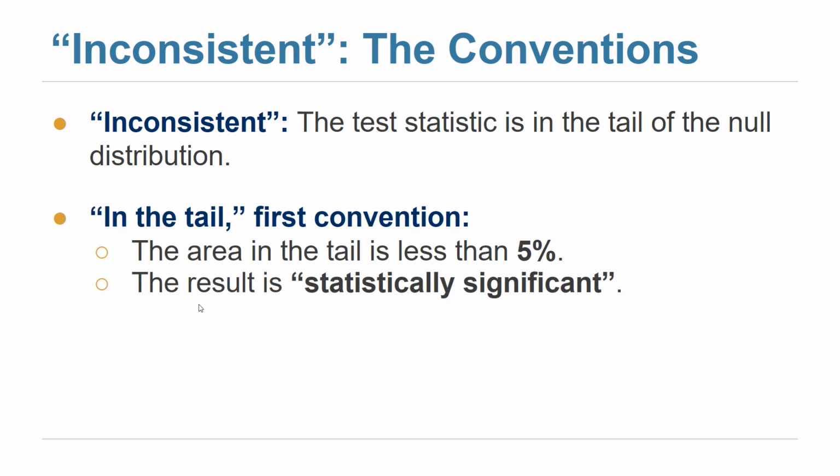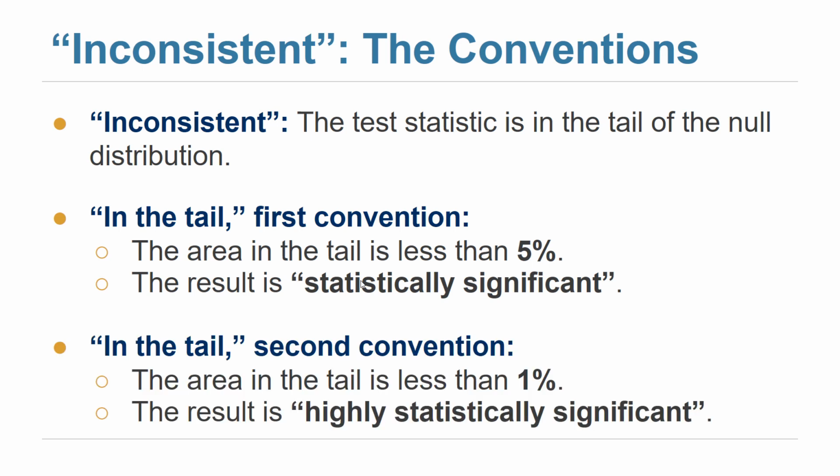If the area of the tail is less than 5%, we say that the result is statistically significant. Another convention is that if the area of the tail, which we called last lecture the tail probability, is less than 1%, then we can say that the result is highly statistically significant.